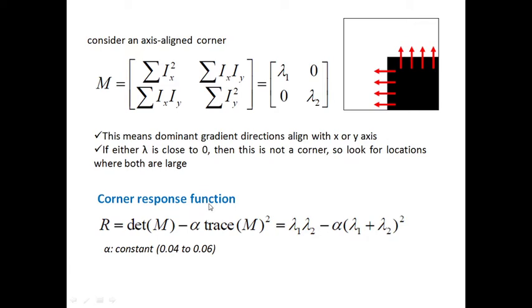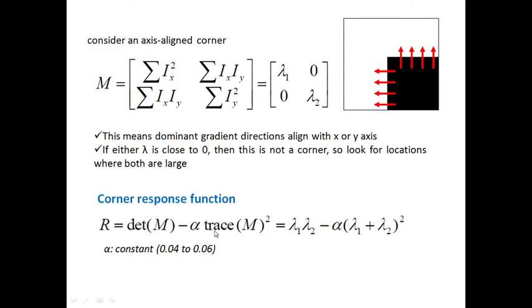So what is this corner response function here? Corner response function is nothing but R, capital R, that is determinant of M minus alpha into trace of M whole square. So M is a matrix with lambda 1 and lambda 2. So determinant of M is AD minus BC. So A into D, lambda 1 into lambda 2, minus BC, that is 0.